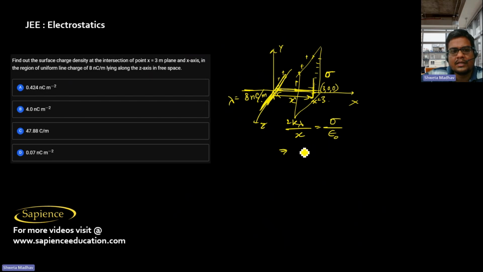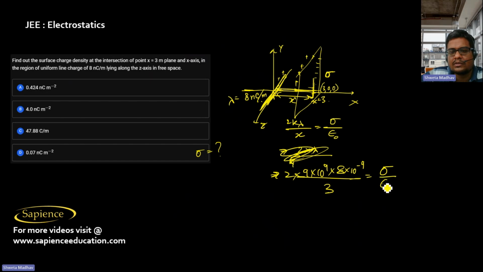So therefore 2k lambda, 2 into lambda by 4 pi epsilon naught. So 2 into k, that is 9 into 10 power 9, into lambda, that is 8 into 10 power minus 9 coulomb per meter, divided by x is 3, and that is equal to sigma by epsilon naught, sigma we have to find out.